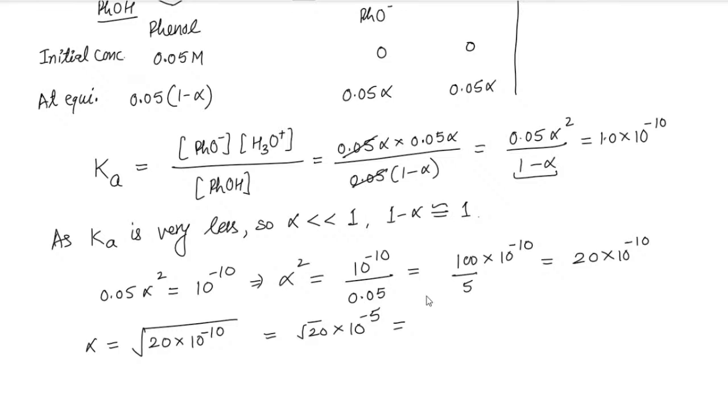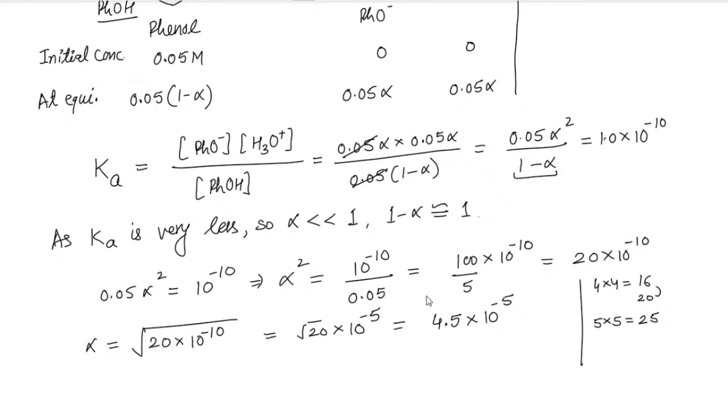And what is square root of 20? 4 4s are 16 and 5 5s are 25, so it is almost in between, around 4.5. 4 4s are 16 and 5 5s are 25 and the value is 20.